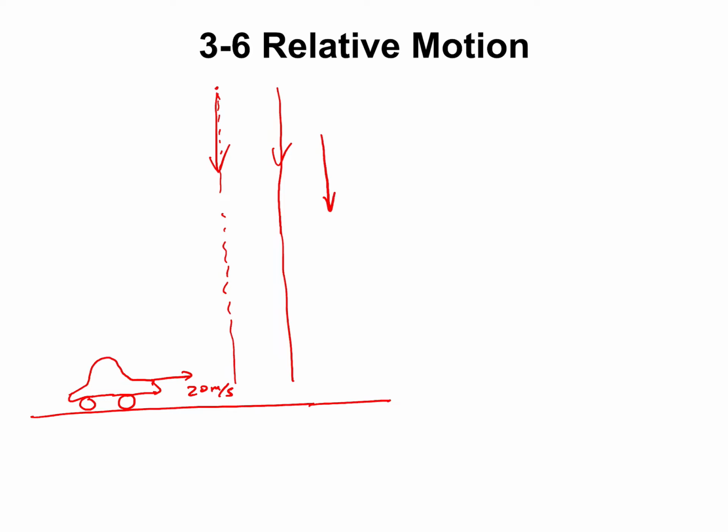Okay, so this is the velocity, so we call it v, rain relative to ground, right? And say this is velocity, okay, car relative to ground. Okay, so now I want to figure out what is the velocity of the rain relative to car.